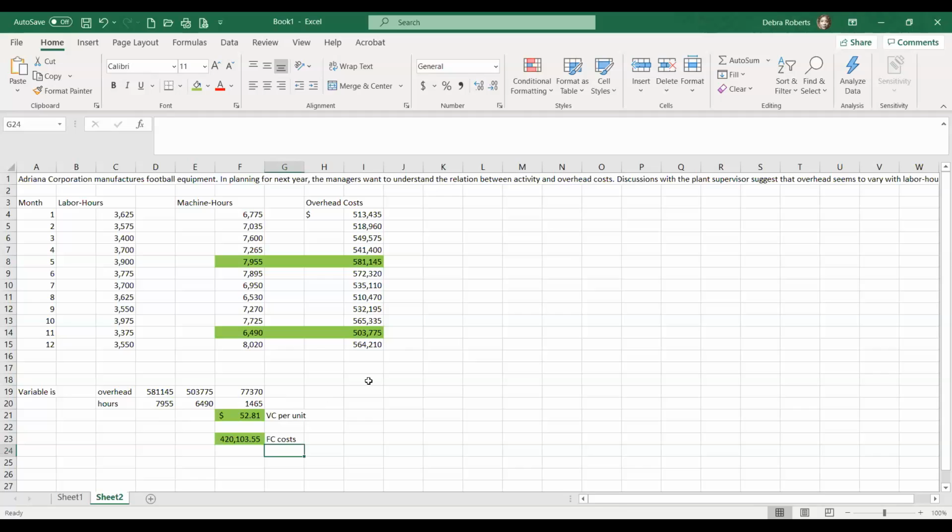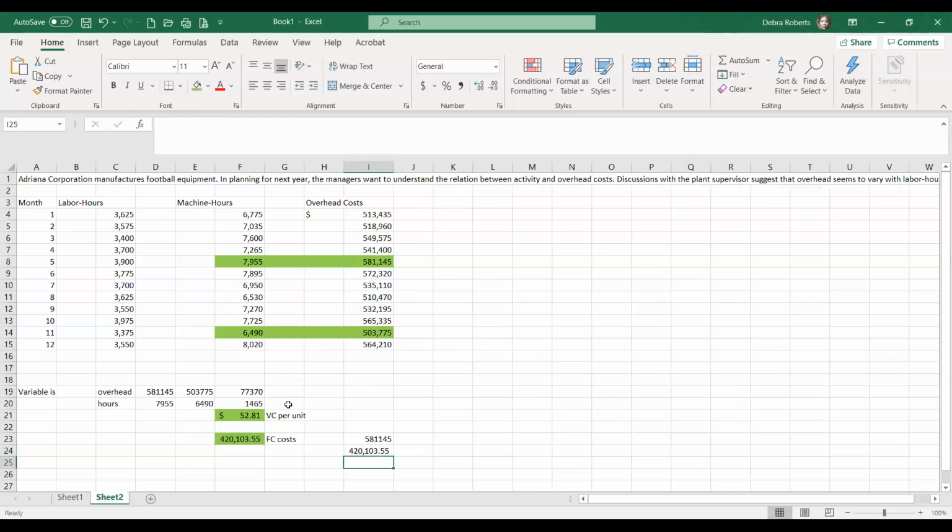So essentially, what this high-low method should do when you're calculating it, it should give you the ability to take our overhead costs. So if I take 503,775, or I'm going to use the 581,145, which is this number here, and I subtract my cost of 420.